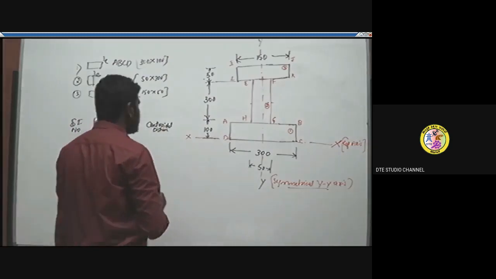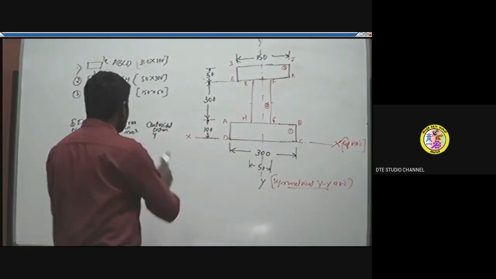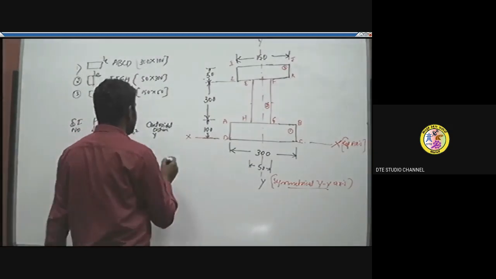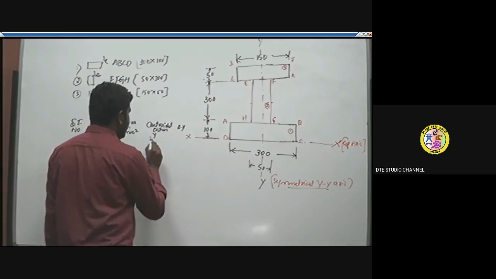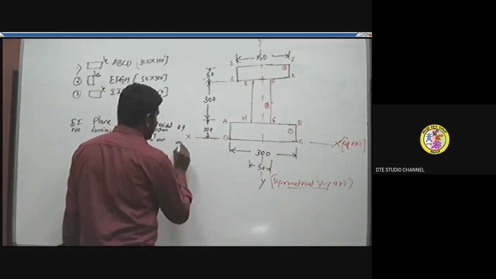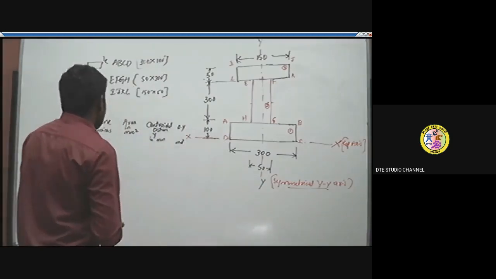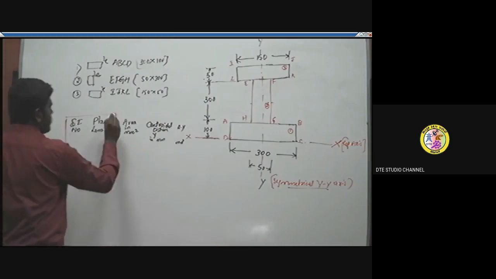The product of these two we need, that is A into y. You can write it here. This is in mm, the distance, and this is in mm squared. So let's find one by one for each lamina.